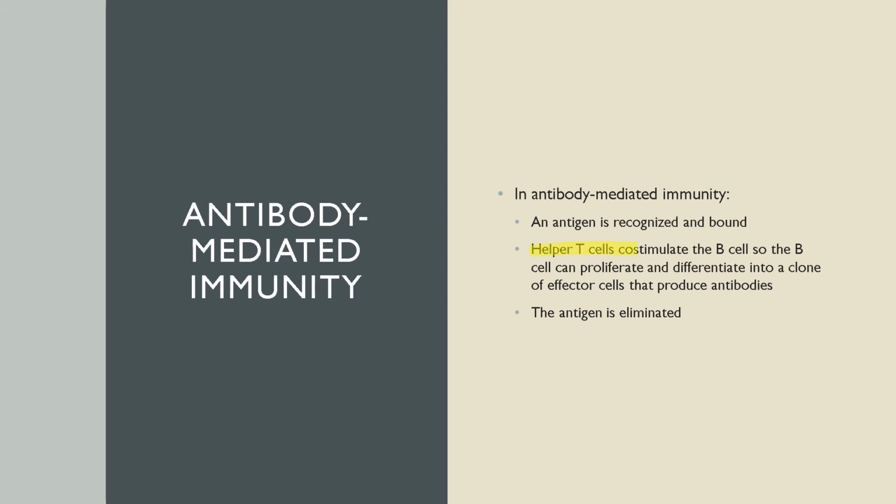So these helper T cells will activate the B cell, go through that clonal selection of proliferation and differentiation, and they will form clone plasma cells. Plasma cells are kind of the activated form of B cells. So if we have a B cell, and it becomes activated, it becomes a plasma cell.